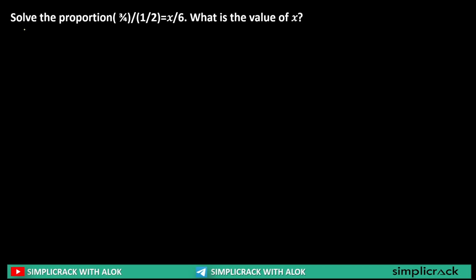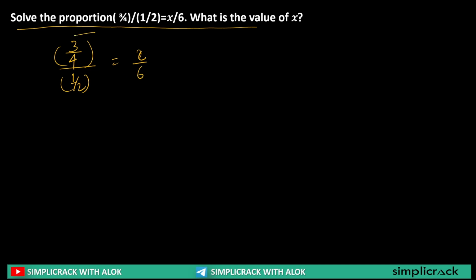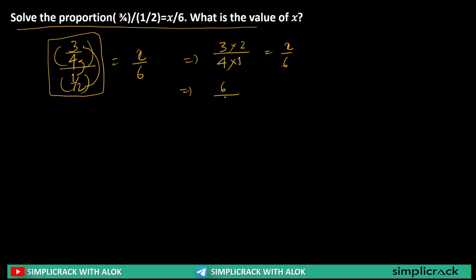So it is written, solve the proportion, that is 3 by 4 divided by 1 by 2 is equal to x by 6. So first we need to solve this, right? So this can be written as 3 by 4 multiplied by 2 by 1, is equal to x by 6, or 3 twos are 6, 4 ones are 4, is equal to x by 6.